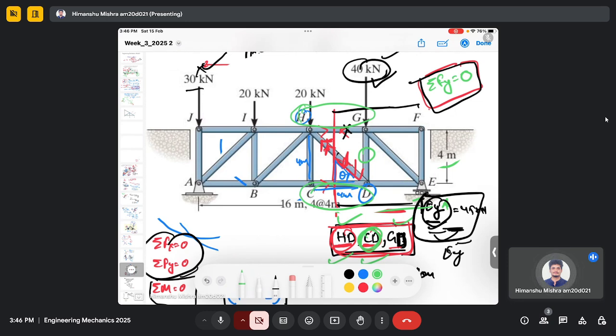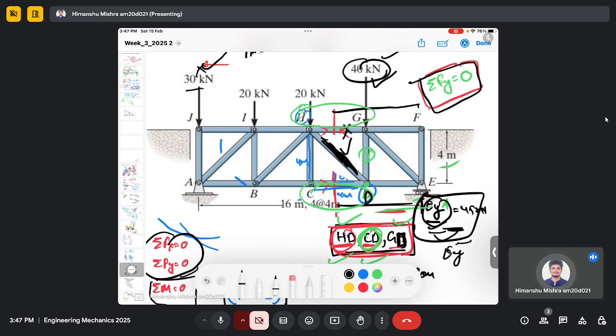If I use the moment equation, then again there is no use because we have not described unknown forces here. But I can choose joint D and then use the method of joints, right? Because I already know the force here in HD.